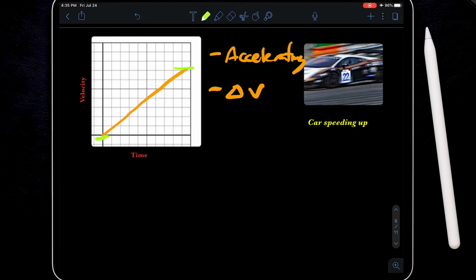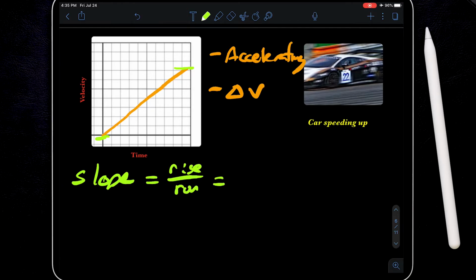Now, we have a slope. And in this case, we know the slope has to mean something, because we did this big talk about slope earlier. We talked about how on a displacement versus time graph, the slope tells you the velocity. Well, what does the slope tell you on a velocity versus time graph? Let's try to mathematically figure it out here. So slope is equal to rise over run, right?